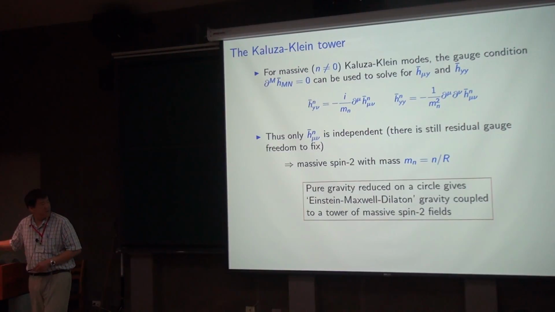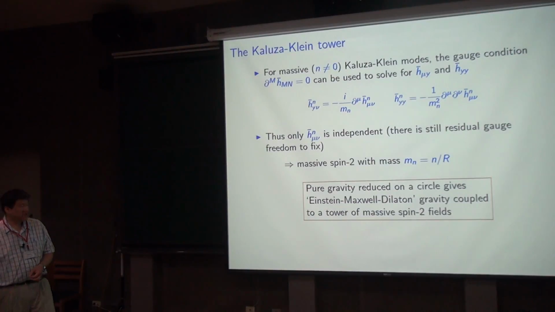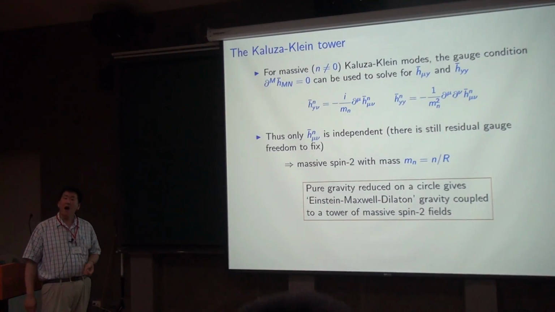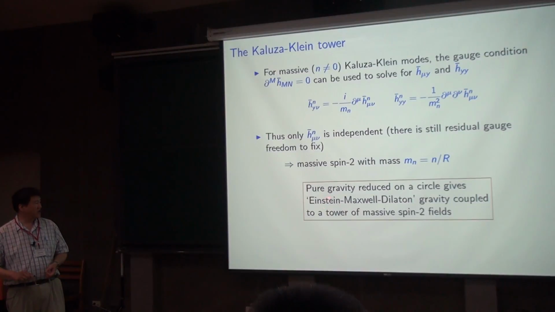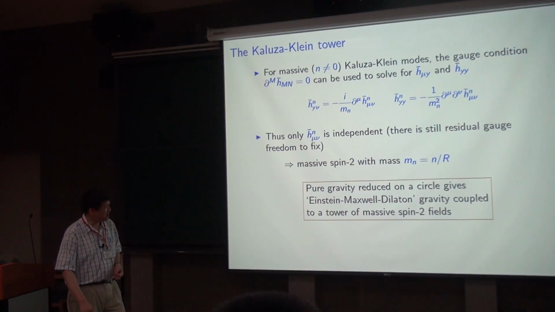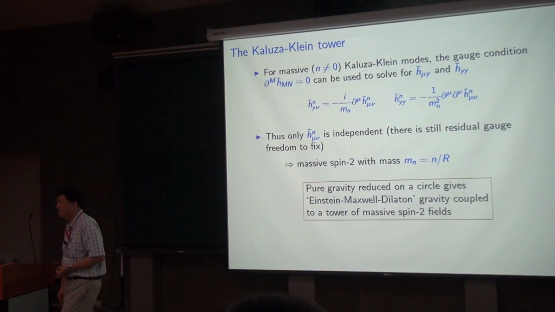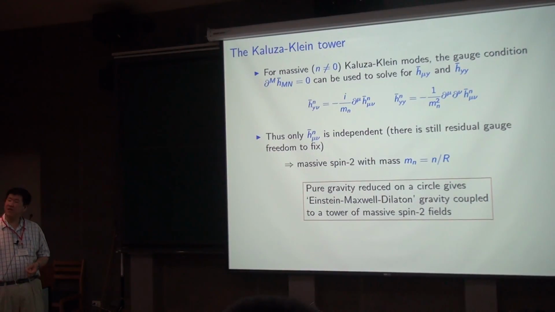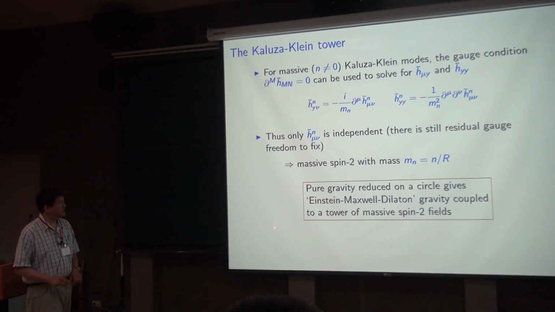So I don't have a good table, but the summary over here is when I reduce 5-dimensional gravity on a circle, I end up with 4-dimensional gravity, a 4-dimensional U(1) field, and a 4-dimensional scalar, Einstein-Maxwell dilaton gravity, along with an infinite tower of massive spin 2 fields. So it's a zero-mode sector, Einstein-Maxwell dilaton.